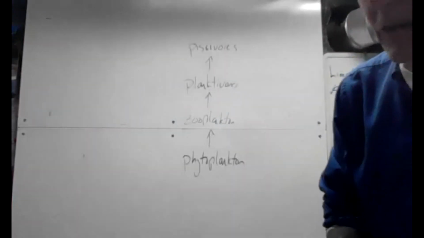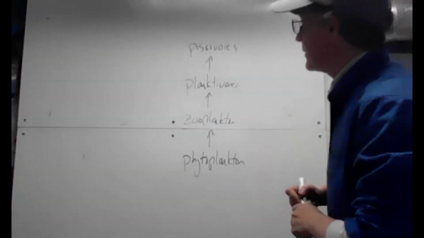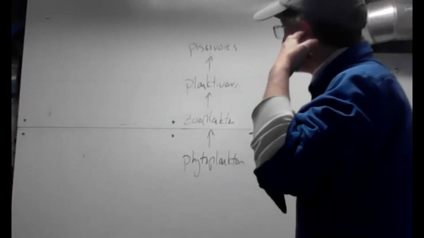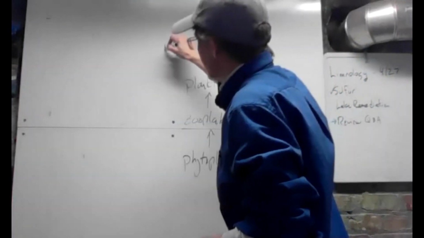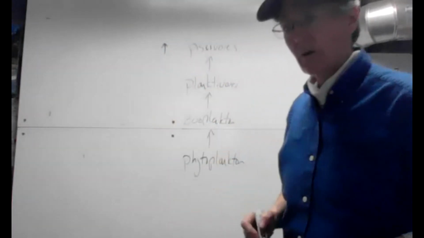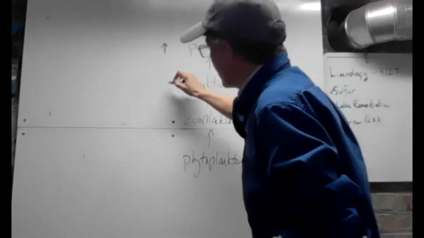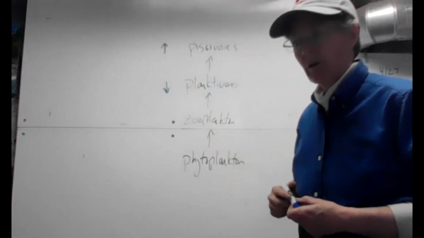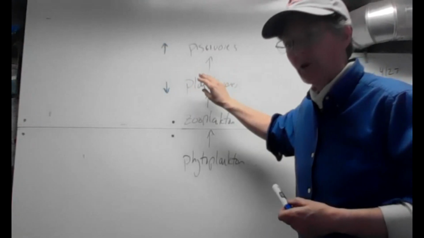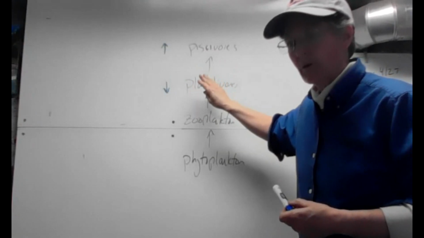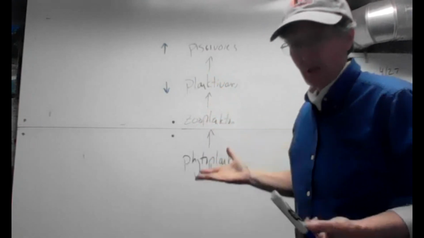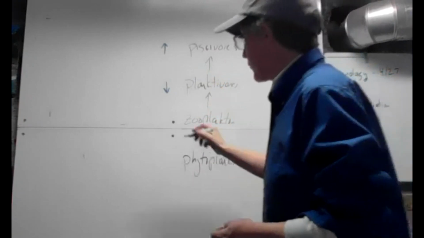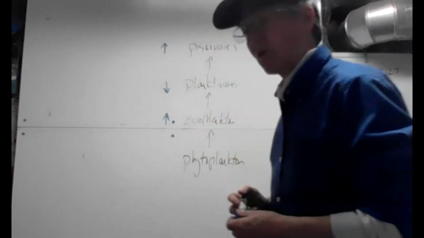And the basic idea would be, if you increase the abundance of piscivores, they're going to decrease the abundance of planktivores. If there's fewer planktivores, then there's going to be less predation on the zooplankton. So the zooplankton will increase in abundance.